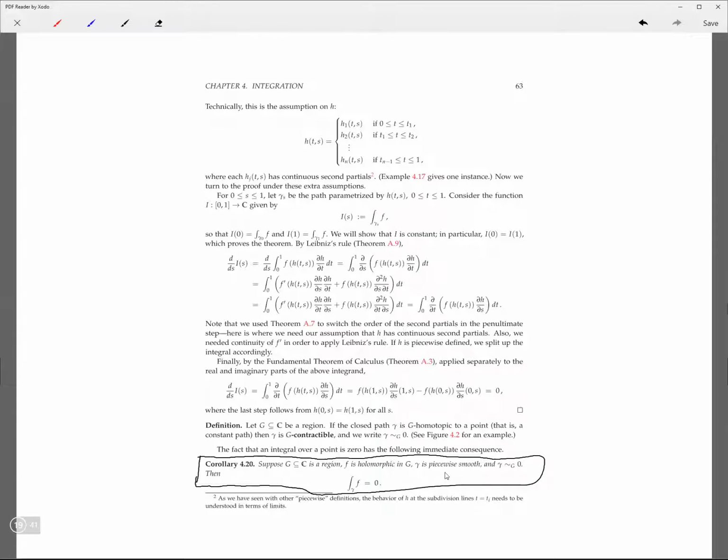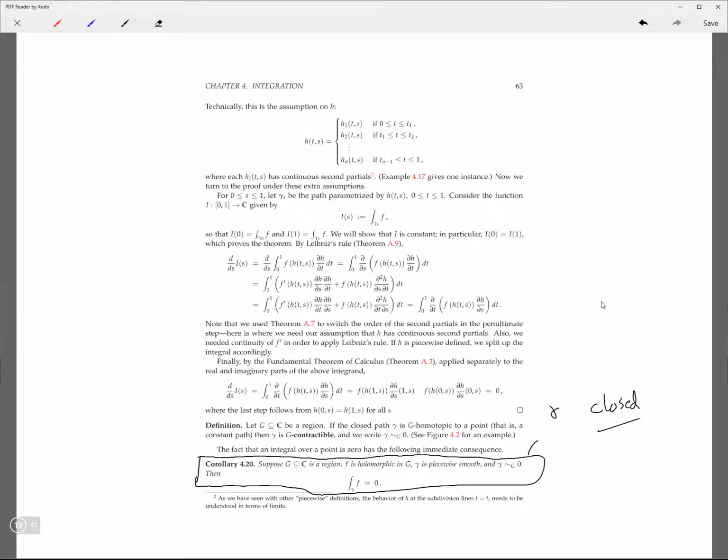If you have a holomorphic function and it's piecewise smooth and gamma is homotopic to 0, well, what's going to have to happen is gamma is closed.